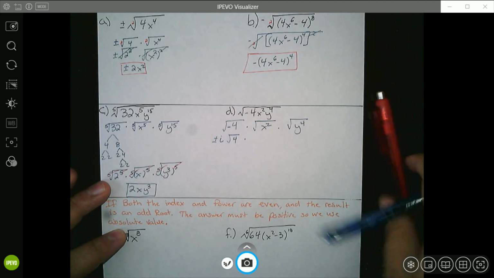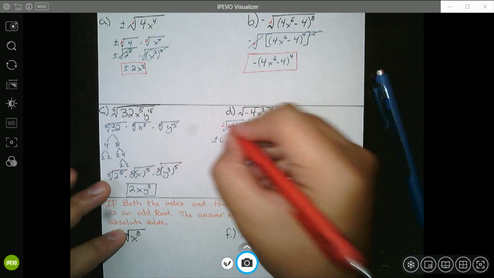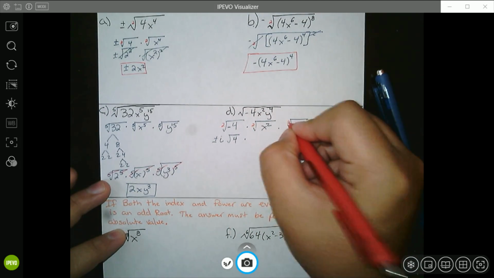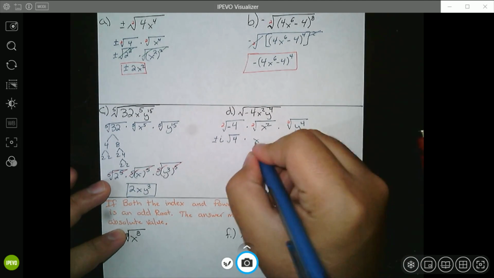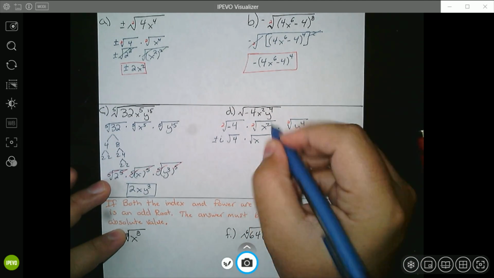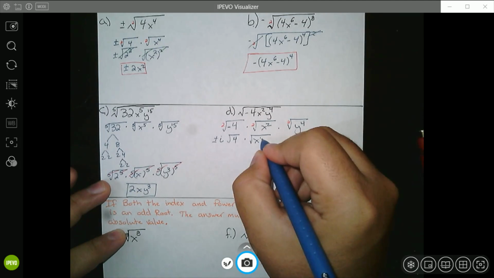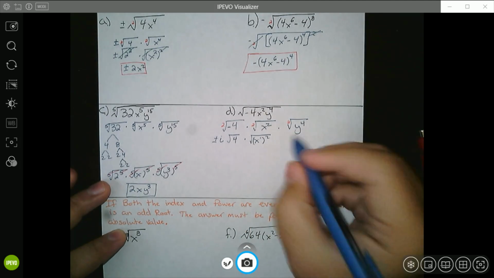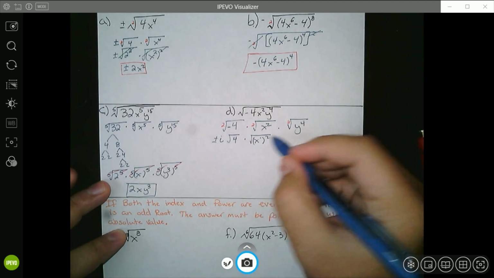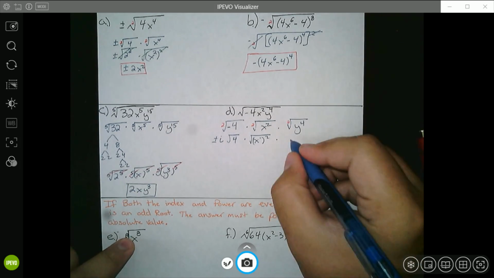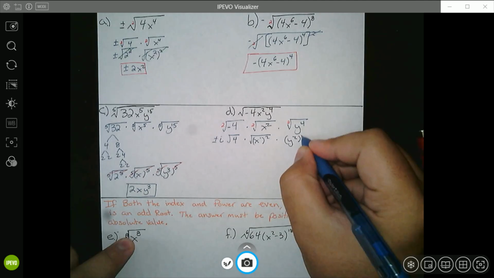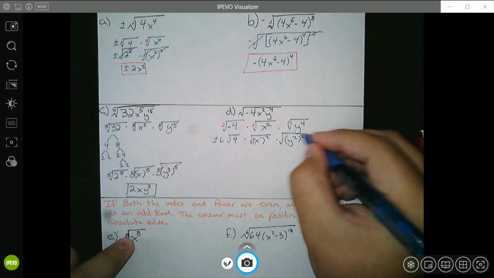So since these are all 2's once again, we have x, 2 divided by 2 is 1, and it's all squared. And the same thing with y to the fourth. 4 divided by 2 is 2, and we're all squared.